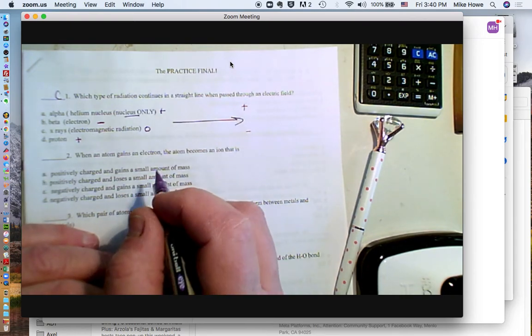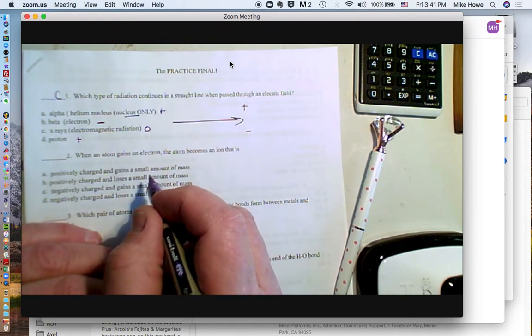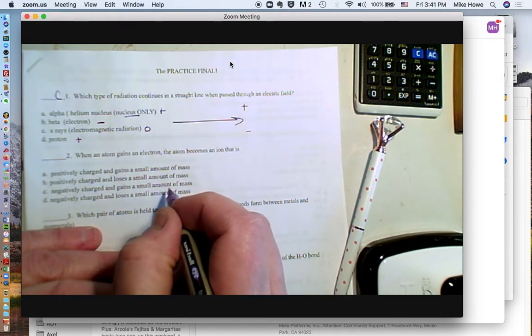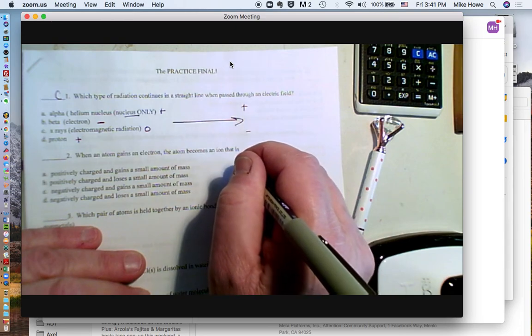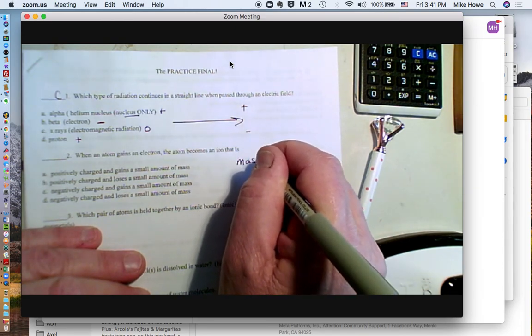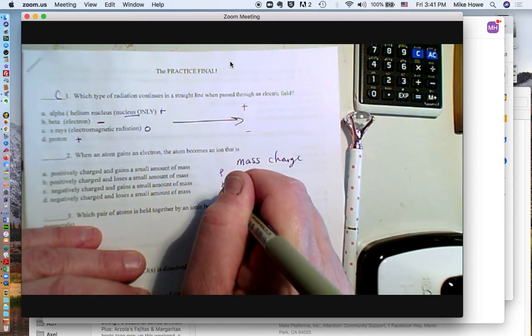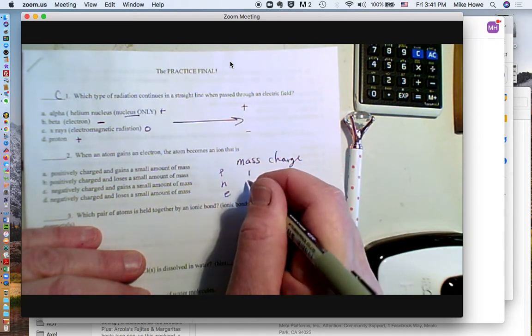All right, when an atom gains an electron, it's going to become negative because electrons are negative, and it gains a little bit of mass. Remember, if we're looking at mass and charge, and we have protons, neutrons, and electrons, protons and neutrons have a mass of 1.